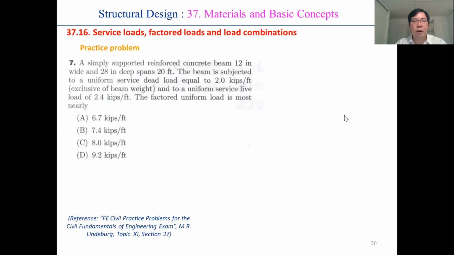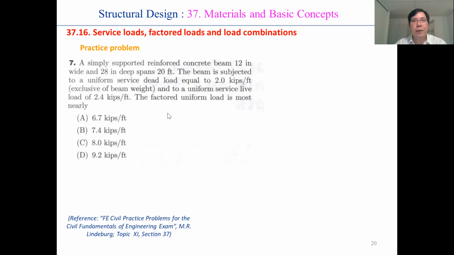Now, in this slide, I will show you one practice problem. Here is the question of the problem. A simply supported reinforced concrete beam 12 in wide and 28 in deep spans 20 feet.